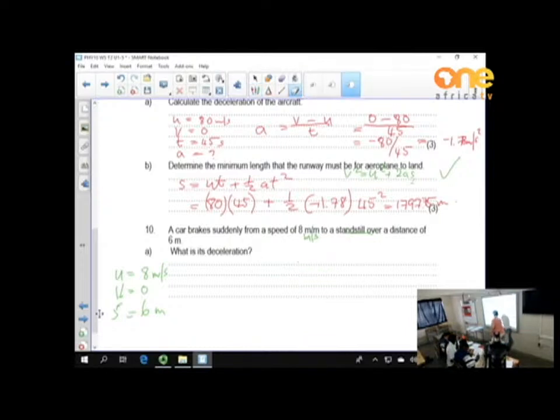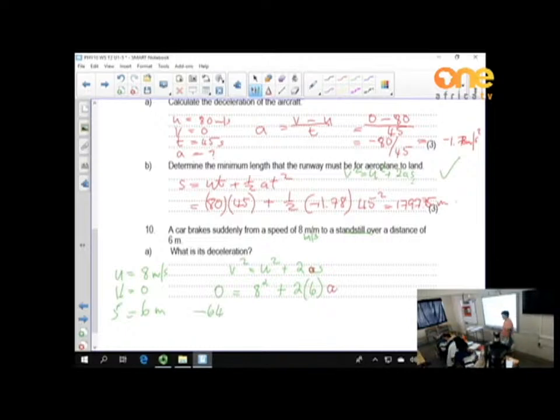We will use v squared equals u squared plus 2as. With me? And we are looking for A. So we are looking for that one. What is v squared? 0. What is u squared? It's 8 squared. Plus 2 times, what's the distance? 6 meters. And we are looking for A. So, if I take 8 times 8 across, it becomes minus 64.